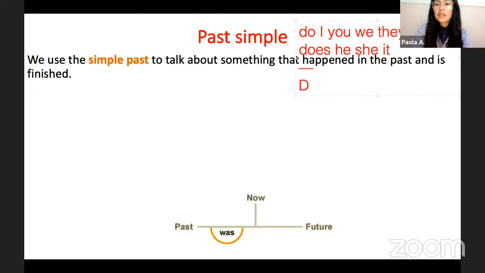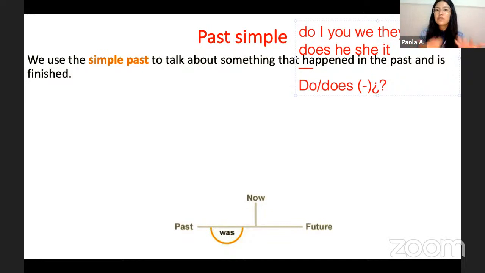I use do or does for negative statements, and I use it for questions. So I use it for negative and for questions. Do or does doesn't have any meaning. Just remember that because it's an auxiliary verb, it doesn't have any meaning whatsoever.